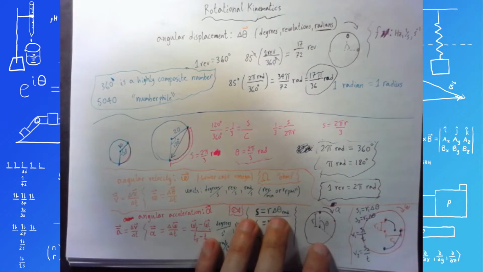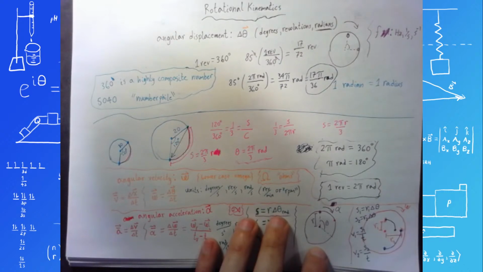Time 1 and time 2 are the same. These two objects, whatever they are, two bugs on a rotating platform or whatever you would like to imagine them being, rotate through the same number of degrees in the same amount of time. So their t's are going to be the same.